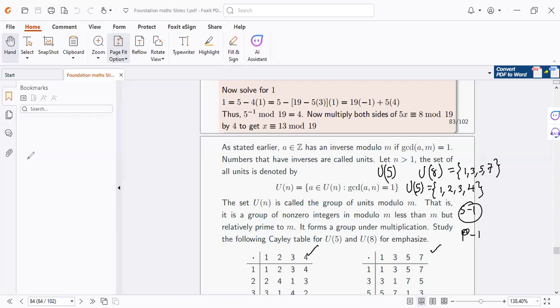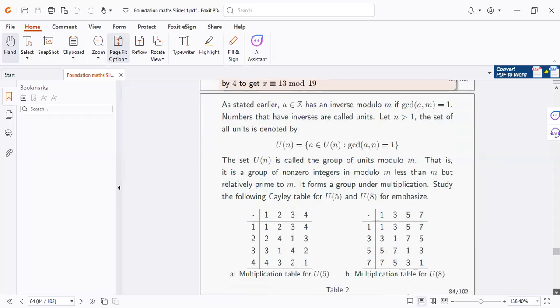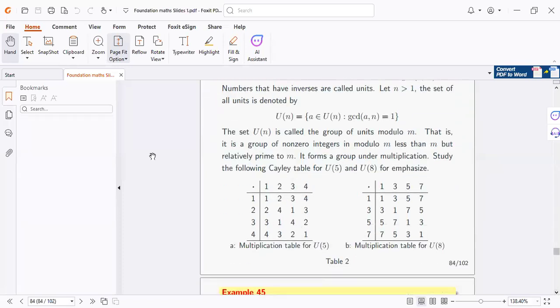Let's go straight to multiplication. I want to show you how to multiply these elements. We already know how to multiply, but I just want to emphasize that in this table, we are multiplying elements of U5, so we are doing it mod 5.